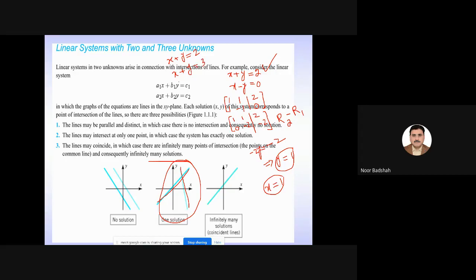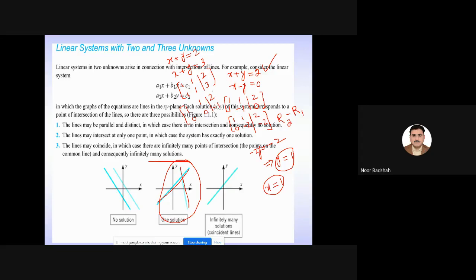Again, if we consider the corresponding augmented matrix and convert that into echelon form by the same operation, row number 2 minus row number 1, from 1, 1, 2 we get 0, 0, and minus 1.